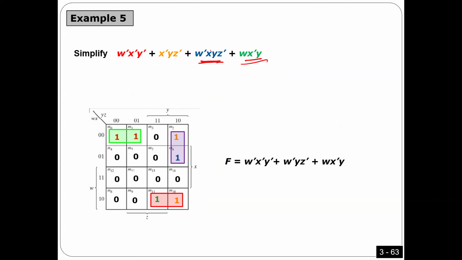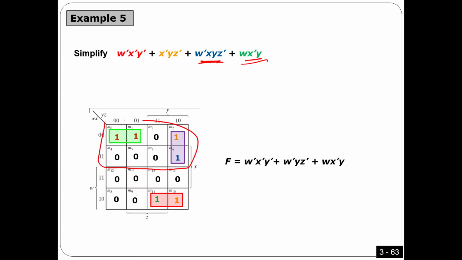Here, for example, W prime is this area, and X is this area. The intersection so far is this part, W prime X, Y because of Y. I think I did something wrong, let's do it again.